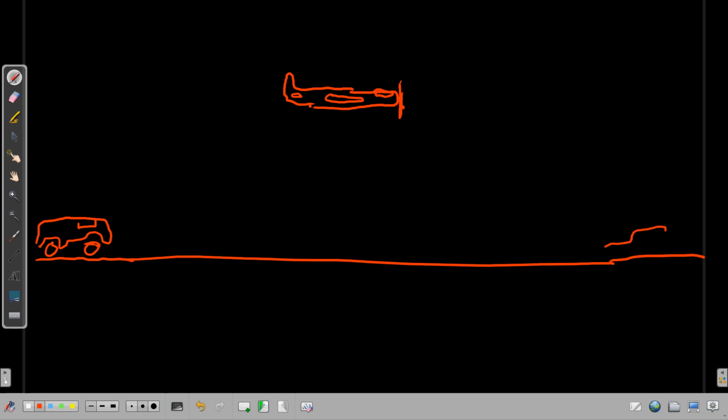And this one can see the airplane, and this one can see the airplane.